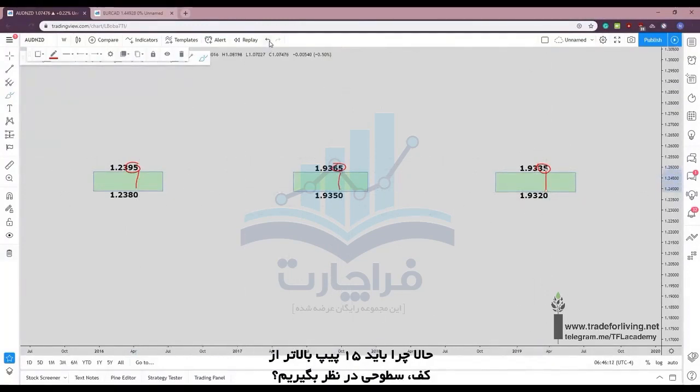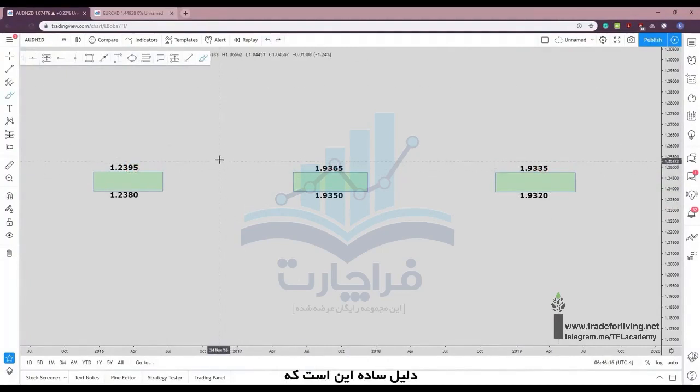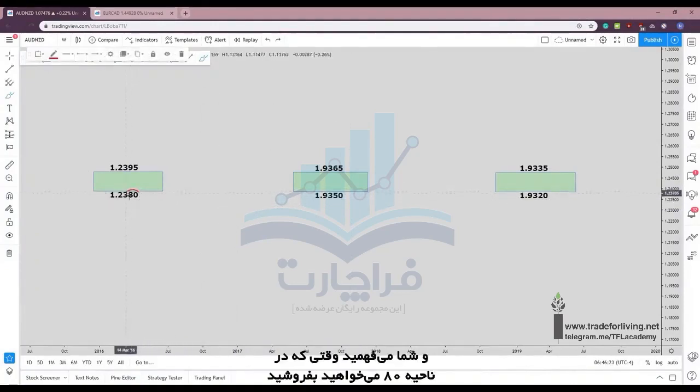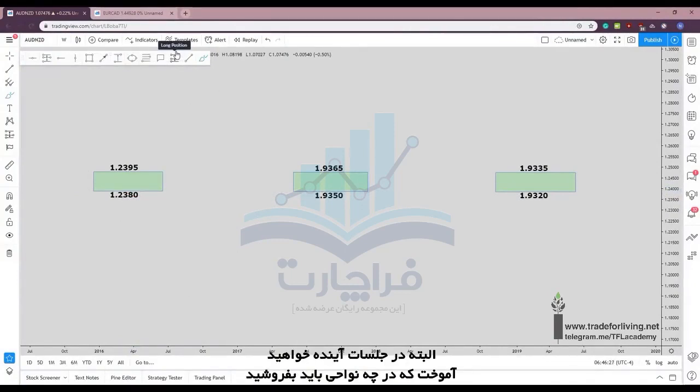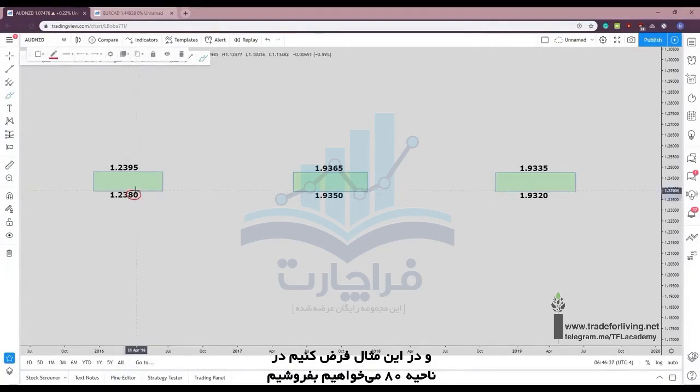Now, why do we need to put the box 15 pips above the strong number? The simple reason is that in this particular situation we are taking short. If you want to take short and you realize that the 80 is the level from which you want to take short, and you will learn how to identify that level in the next sessions, you have to take this for granted at the moment.